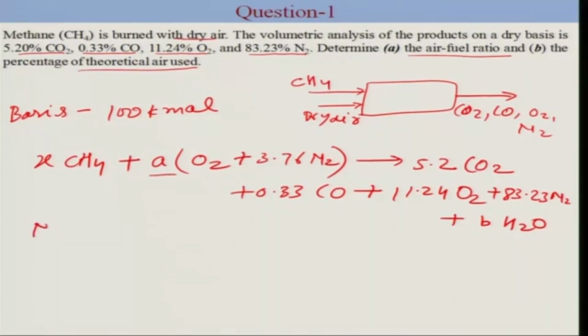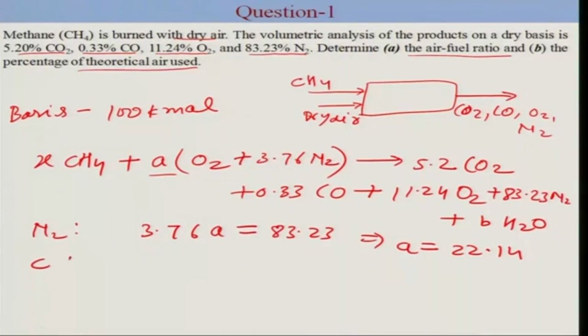So after making mass balance for nitrogen, we get 3.76 A equal to 83.23. So from here we get A equal to 22.14. Similarly, mass balance for carbon, we get x equal to 5.2 plus 0.33.